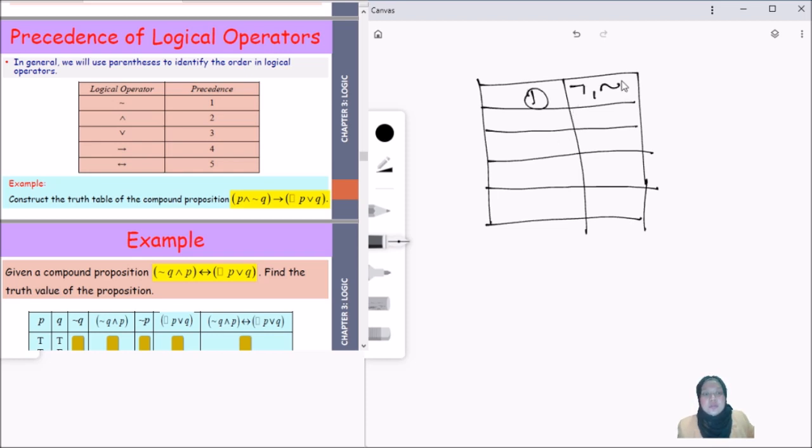So to construct a truth table later, first thing first, you have to do negation. Next, the second and third are either and or or. For easier work, you can do whichever comes first. The fourth is implication or conditional, and the last one, fifth, is the biconditional. So this is the precedence for the types of logical connectives.